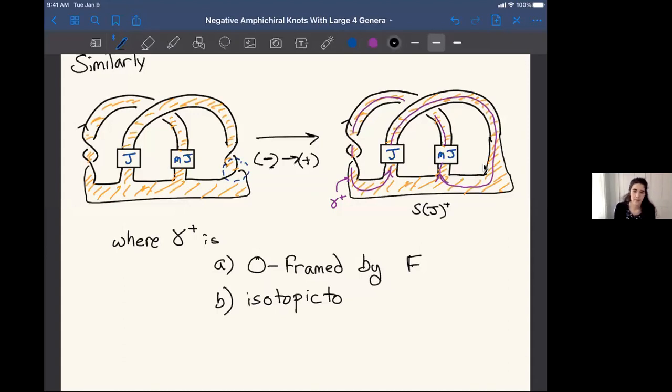But this time it is isotopic to J connect sum the mirror of J. But we chose J to be reversible, so this is the same thing as this, which we know to be slice. So we can use the same argument again here.